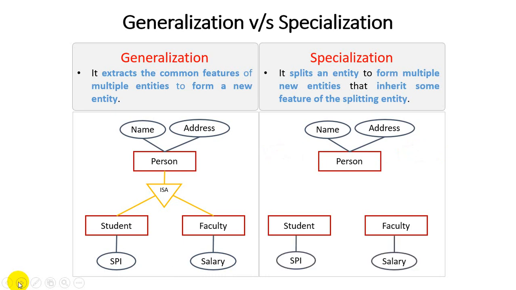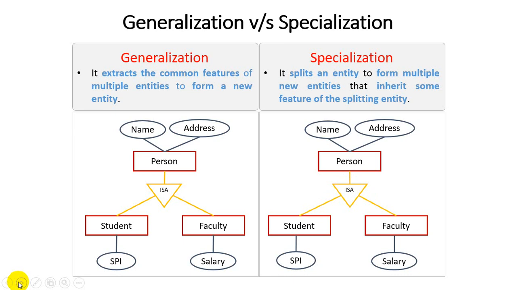So we remove the unique attributes with respect to a particular entity and keep the common attributes in the single person entity. Whenever we split the entity into different entities like this, it is known as specialization.